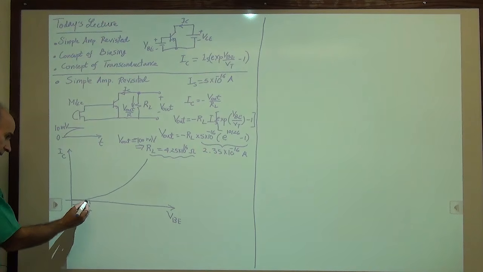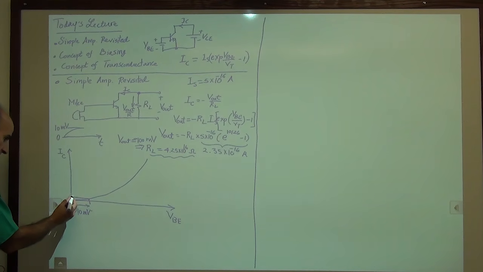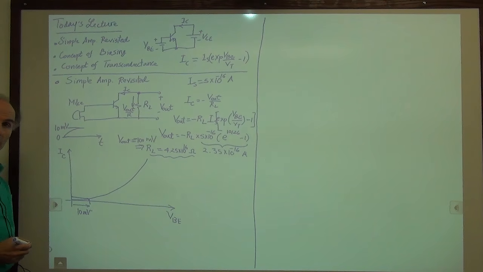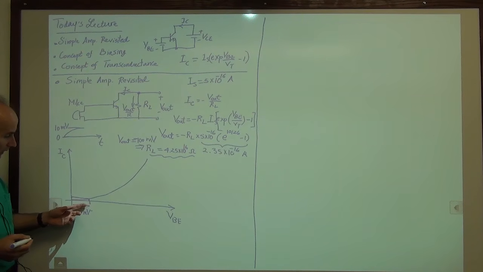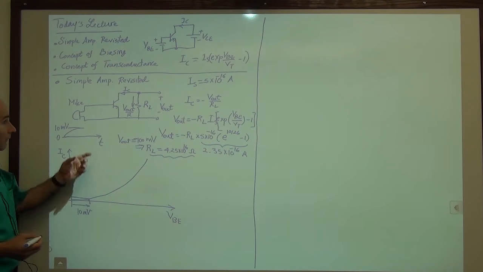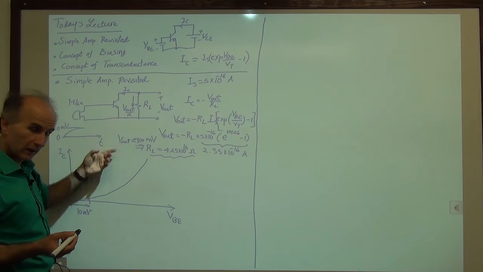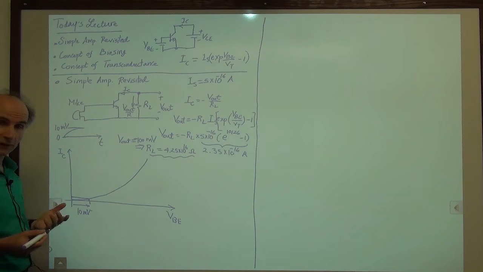And as a result, the current that we got was tiny, tiny, tiny, right? That's the current, and that current is this much. So that's a problem. The 10 millivolts on the PN junction of the base emitter gives us a very small amount of current.